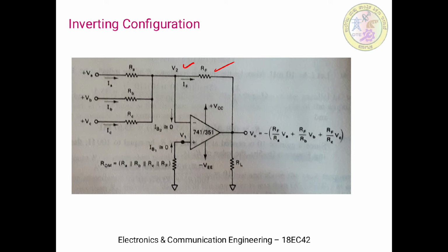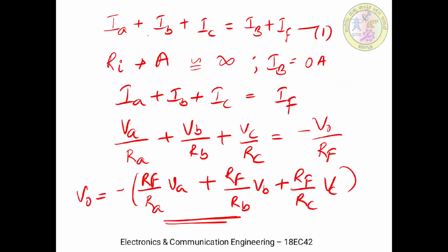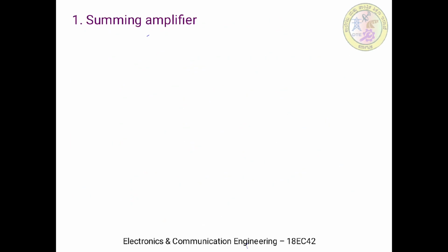Now assume that RA is equal to RB equal to RC. All the three resistors are equal and their values are equal to a fixed resistor R.